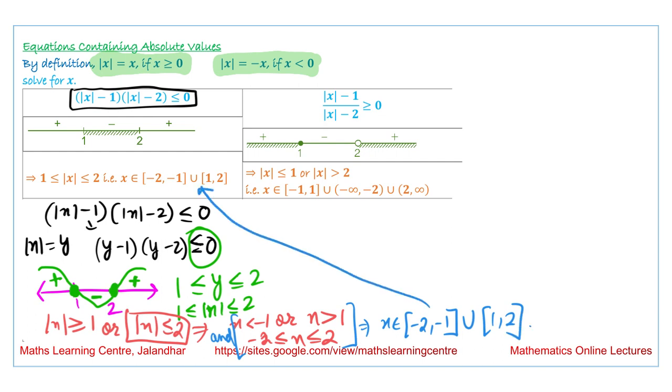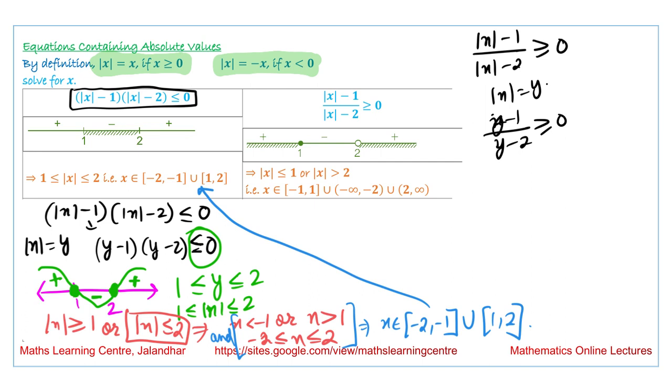Now, next in this question we have (mod of x minus 1) over (mod of x minus 2) is greater than or equal to 0. Again, if we substitute mod of x equal to y, this equation becomes (y minus 1) over (y minus 2) is greater than or equal to 0. If we plot these points over here, this is 1 and 2, it will reach at this point like this, and the answer we require is positive.